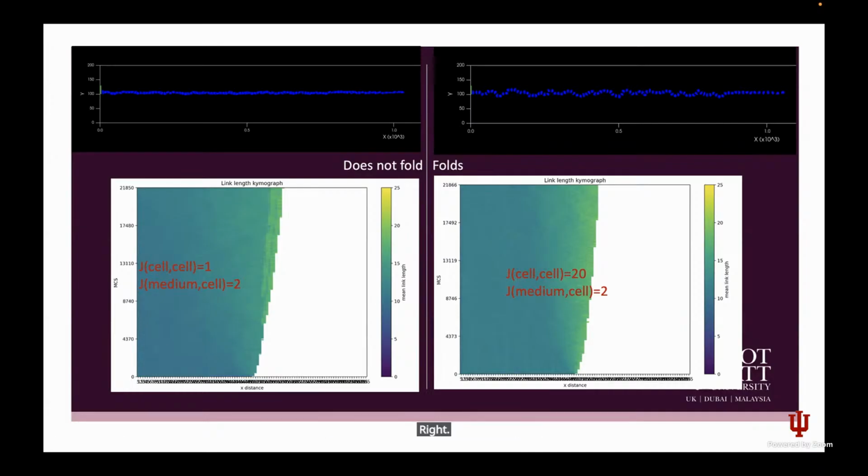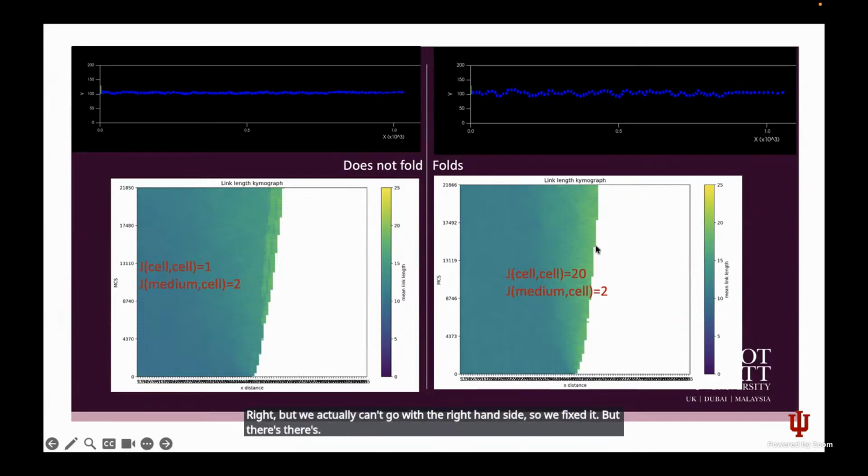Right, but we actually can't go with the right-hand side, so we fixed it. There's a reason we didn't like this case: the cells themselves have a spring energy to them.